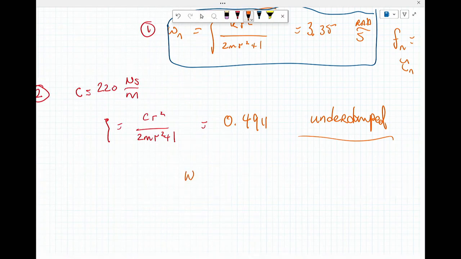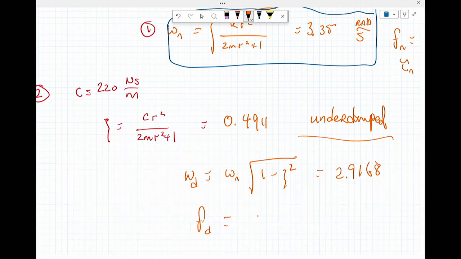And I end up with omega d, which is equal to omega n times the square root of 1 minus zeta squared, which is 2.9168 rads per second.